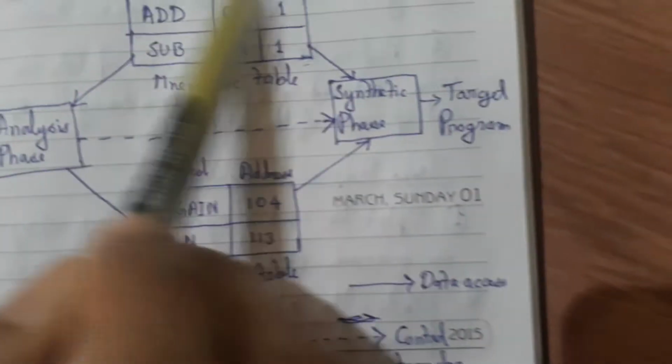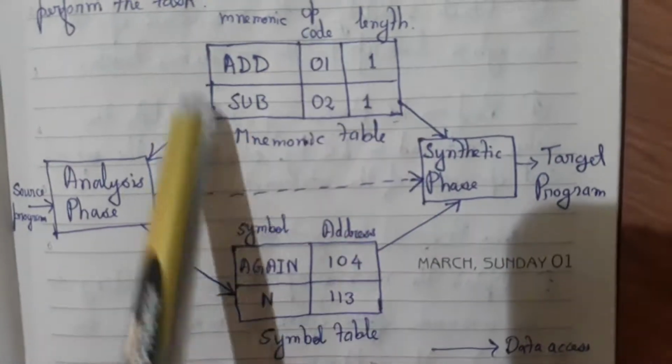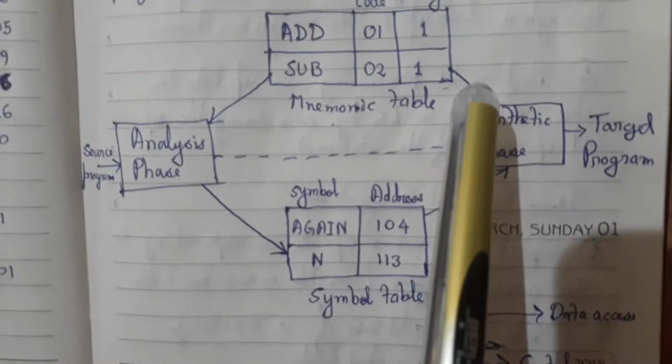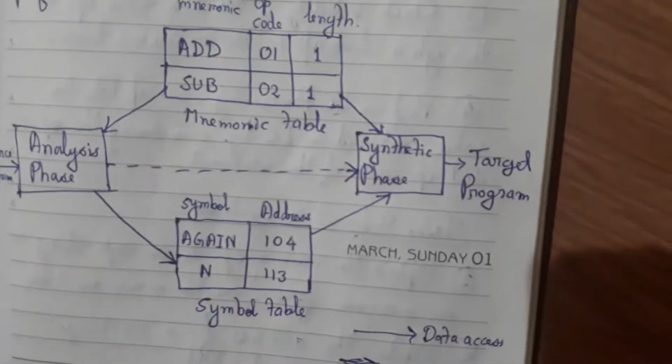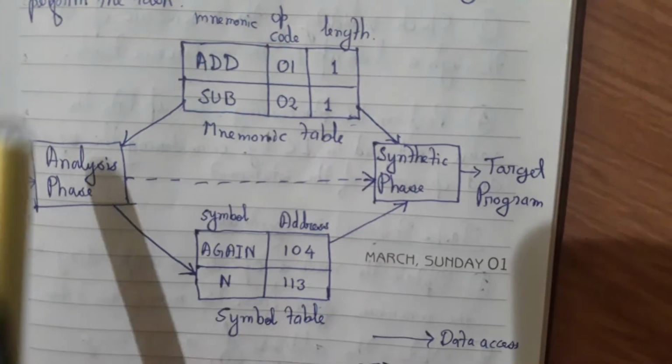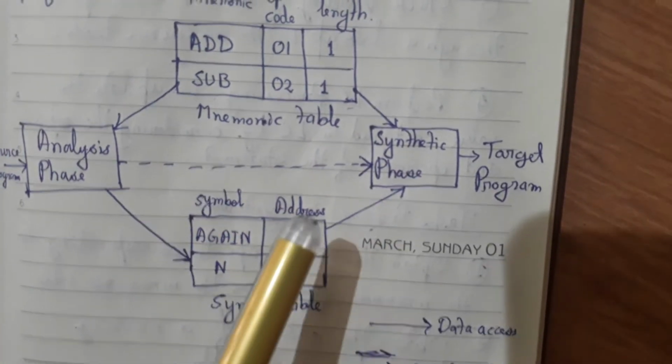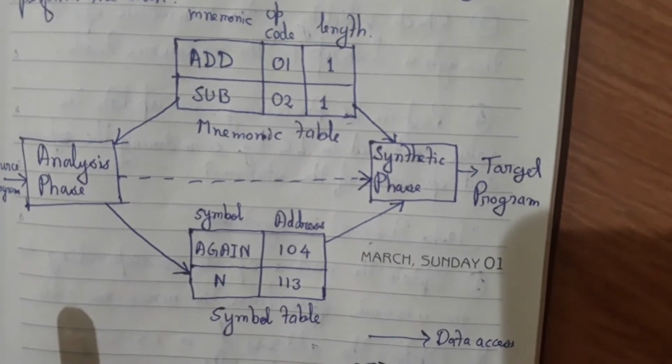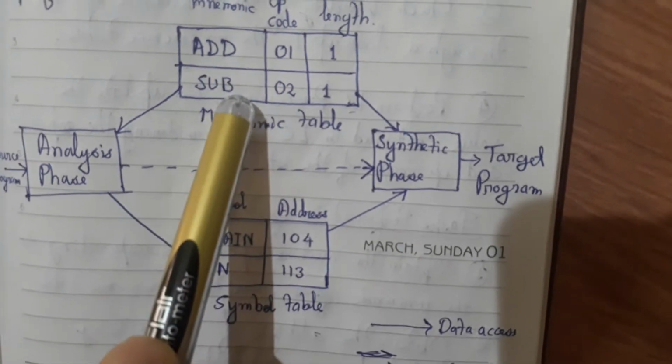Now, who builds the mnemonic table? The mnemonic table is generally a pre-built table. That means it is already there with the assembler. When the assembler is built, the mnemonic table is already given to the assembler, so it depends on the architecture.